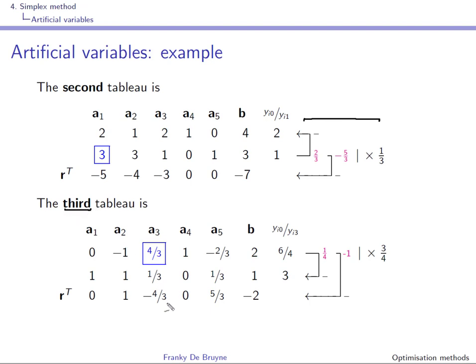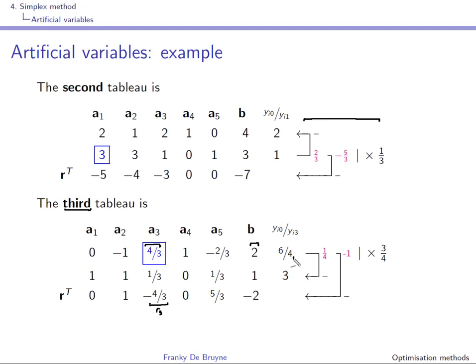and as you can see here, R3 is still negative, so this means that we are not yet at the optimum, right? So we can see here that x3 can enter in the base, so we need to determine which variable has to leave. For that we do the usual trick. We compute this column, and it's this element divided by 4/3, right?